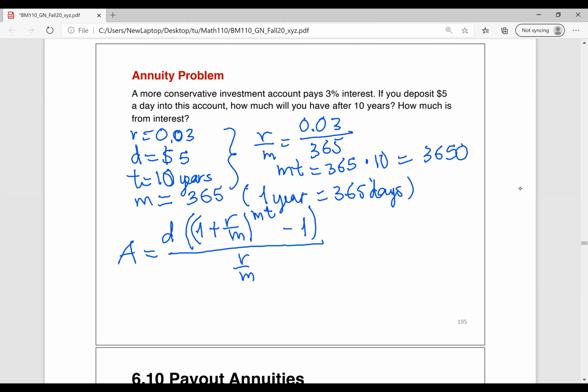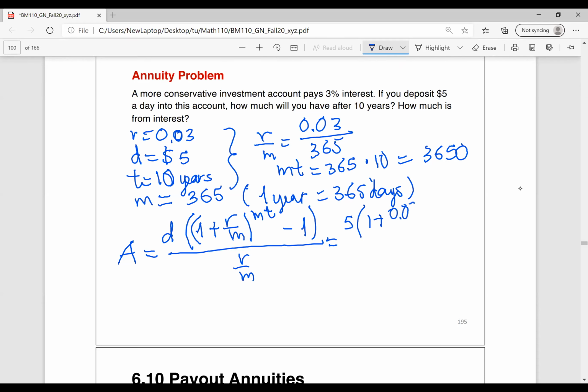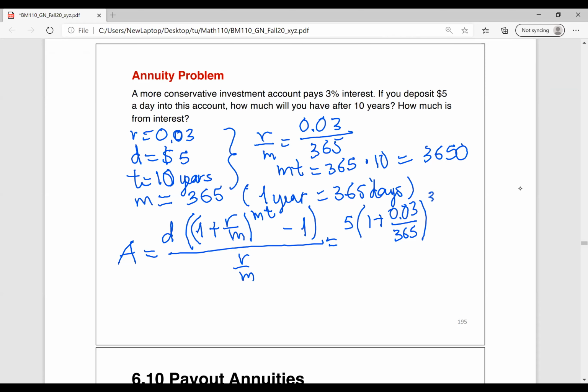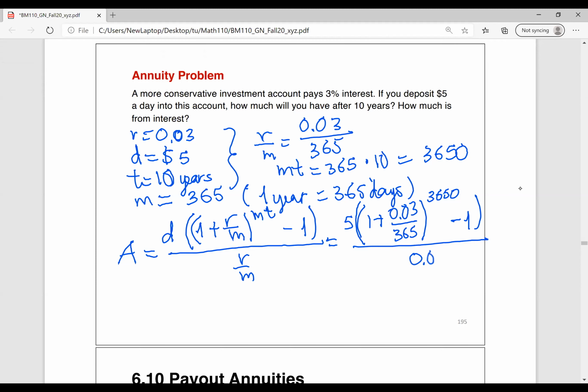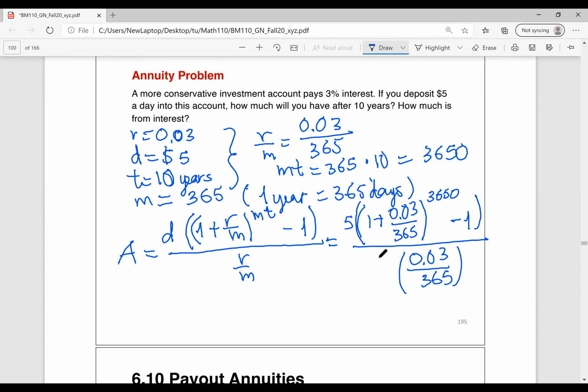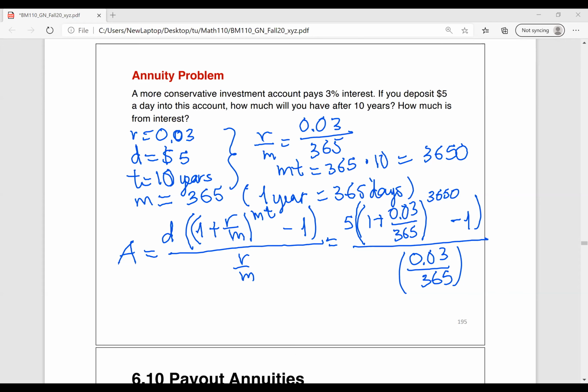D is 5 times (1 plus 0.03 over 365) to the power of 3650, minus 1. I have to have a big parenthesis here, and then divide by 0.03 divided by 365. I also want a small parenthesis here. Now I will use my calculator to do this problem.